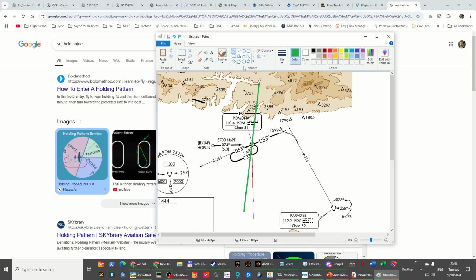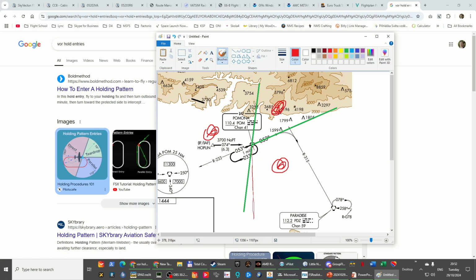Here in this area we have teardrop, here in this area we have parallel, and in this area we have direct. So in this case, I would vouch for parallel entry.